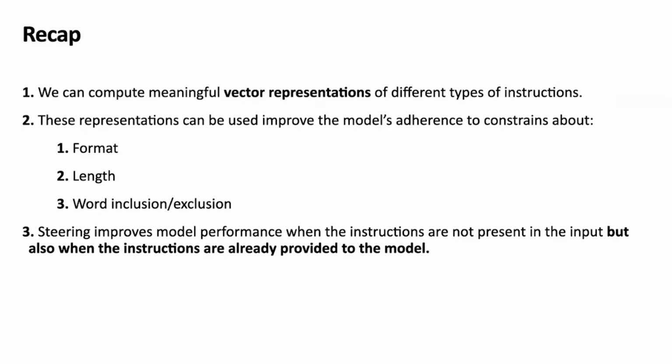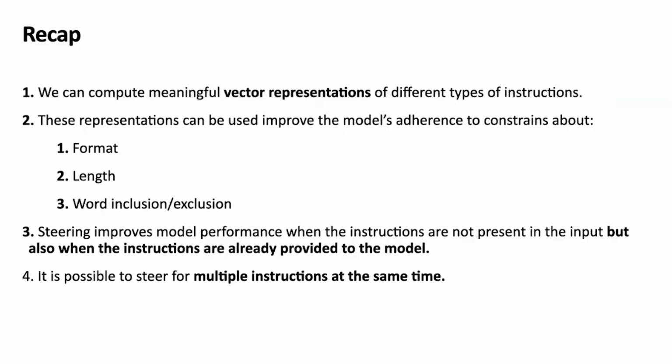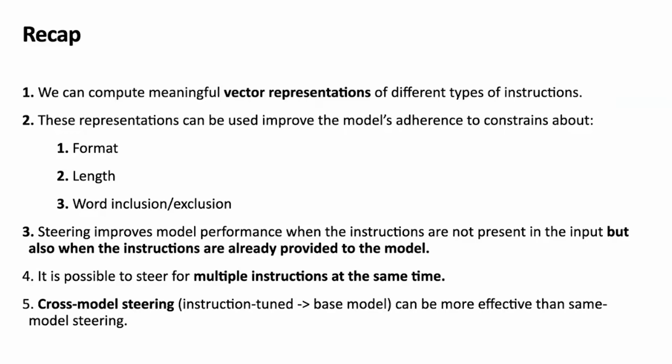In this case, it can be seen as a reinforcement of the signal representing the constraint. In some follow-up experiments, we showed that it's possible to perform the steering procedure for two instructions at the same time and get improvements along both axes.